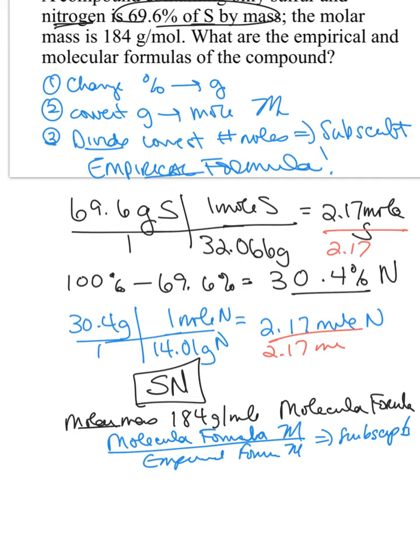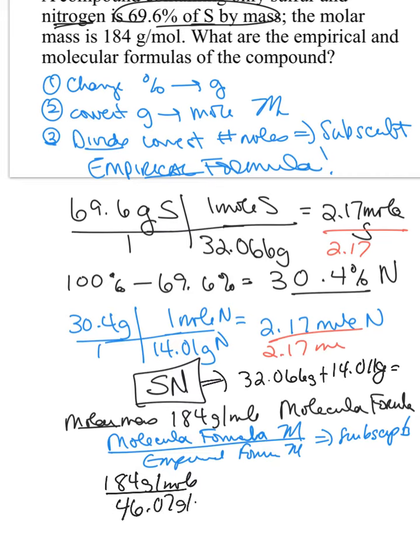So we have 184 grams per mole, and then our empirical formula mass would be 32.066 grams plus 14.01 grams, and that works out to be 46.07 grams per mole. And when you divide that, you get 3.99, which is 4.